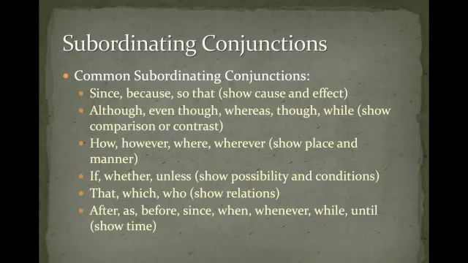If, whether, and unless show possibility and conditions. So again, you probably have a complete thought, but your subordinating conjunction is giving a condition to it. And you might show relations with the words that, which, or who. And finally, when you show time, your subordinating conjunctions might be after, as, before, since, when, whenever, while, and until.